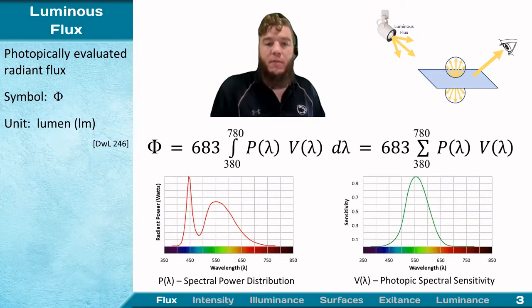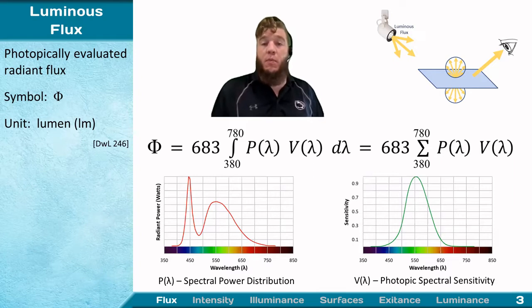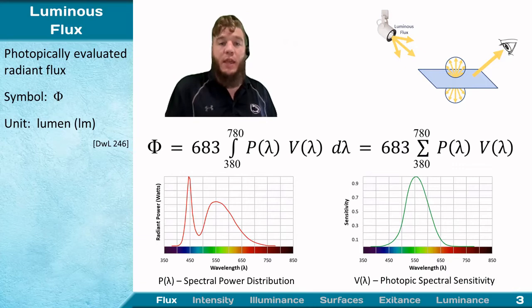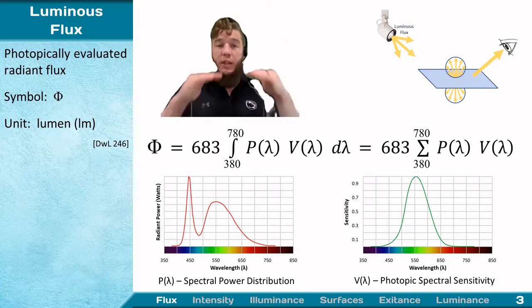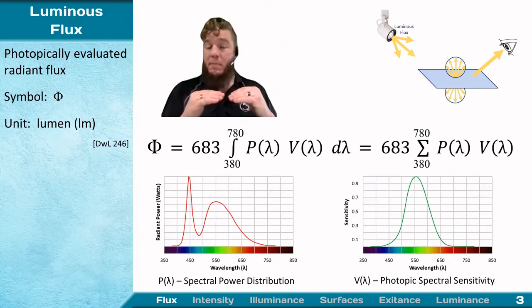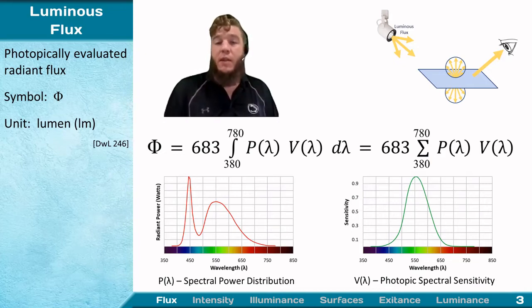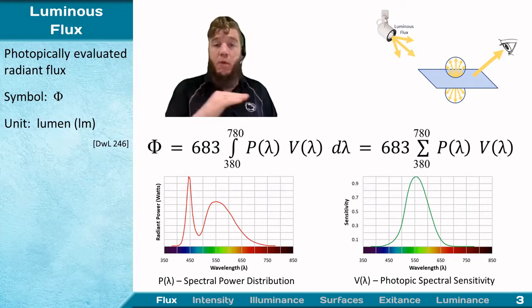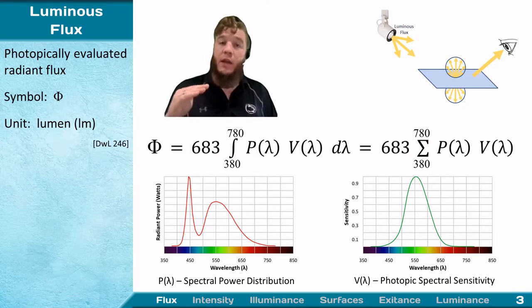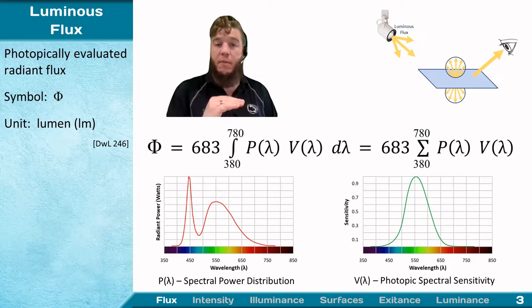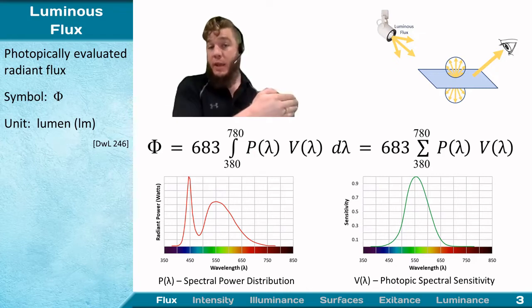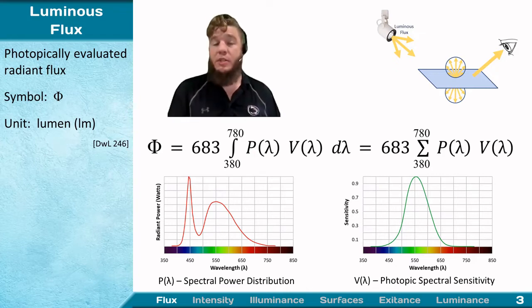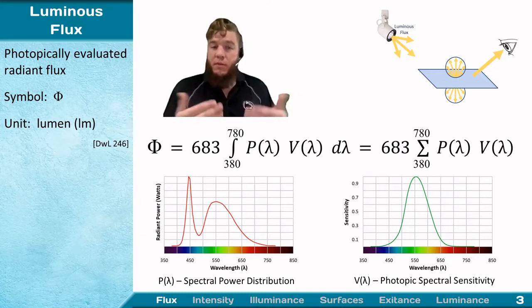Let me give an example of that. Below me right here, we have a standard architectural LED. That's that blue pump YAG phosphor LED. Then we can evaluate the power of the spectrum of that LED across the visible range, which is 380 to 780 nanometers, using the V lambda function. And the V lambda function is what defines the lumen, or luminous flux.